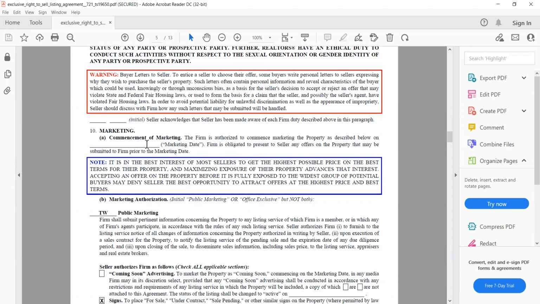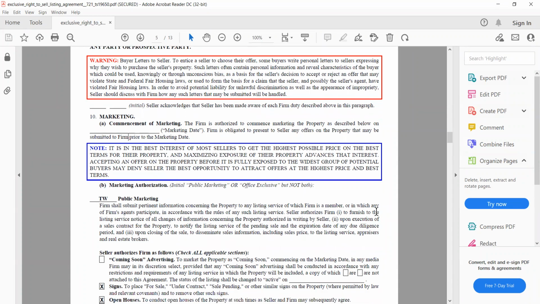However, if you're going to market on a date other than that, that's what goes in this box. For example, if you're going to do a coming soon, or if they've told you we want to wait 3 days before you market the property, then that date goes here. Otherwise, you have 48 hours to get on the MLS. Does that make sense?